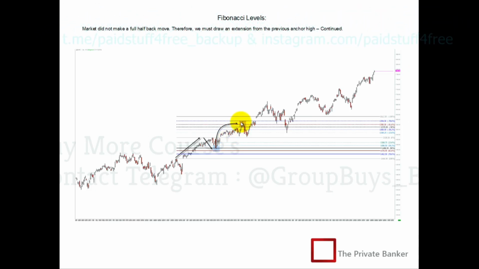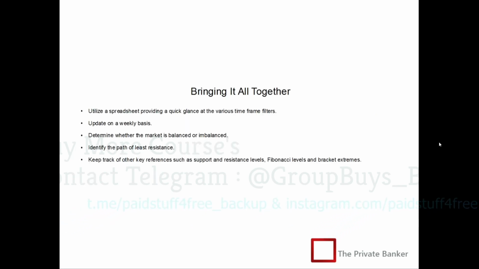So target is obtained, and we continue and do the same process over and over until something breaks. And when something breaks, we just need to adjust our anchor point to the one pullback before that, and we see that it works. And if that breaks, then that's a clear heads up that the trend has changed.